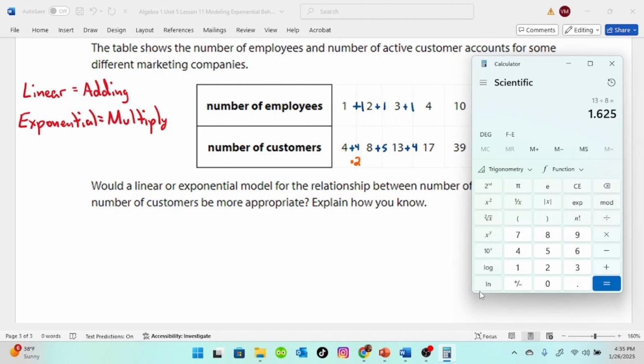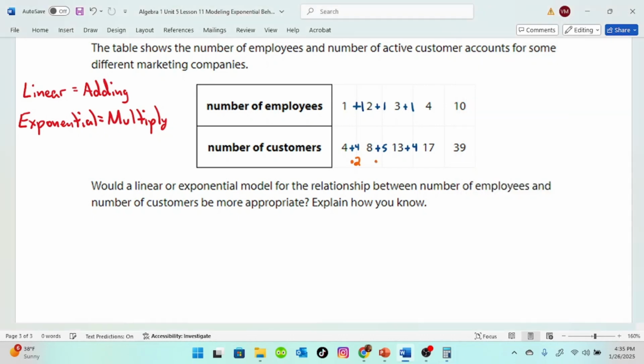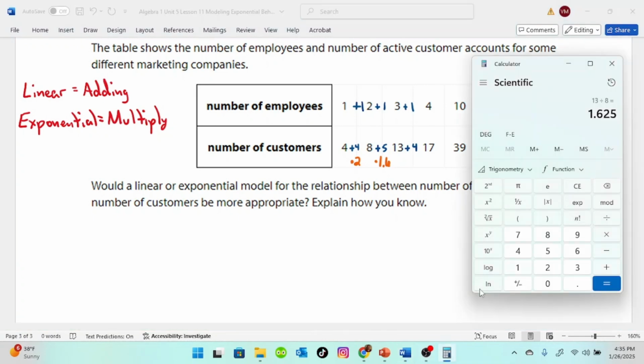And I find out I was multiplying by 1.6. Then, to find out what I multiply by to go from 13 to 17, I can take 17, divide it by 13, and I find out I only multiplied by 1.3.